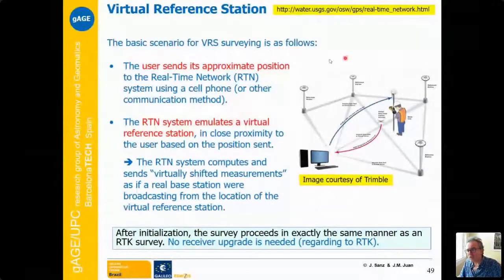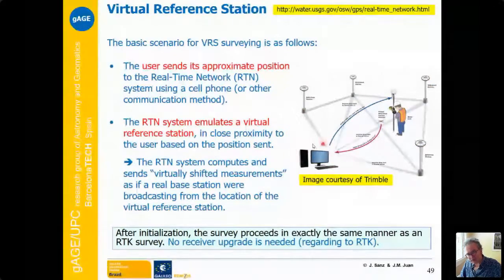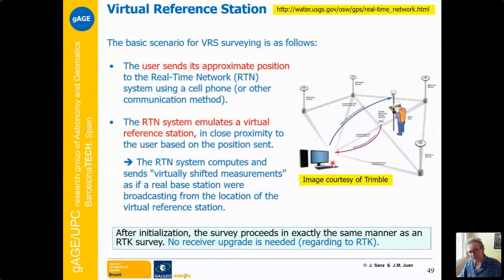The idea is we have a network of stations sending data to a central processing facility, and the central processing facility estimates an atmospheric propagation model.